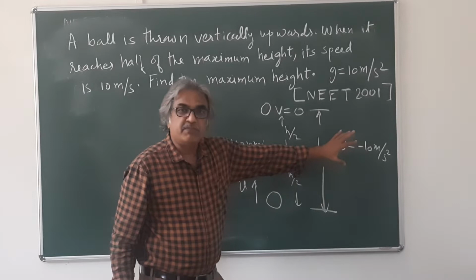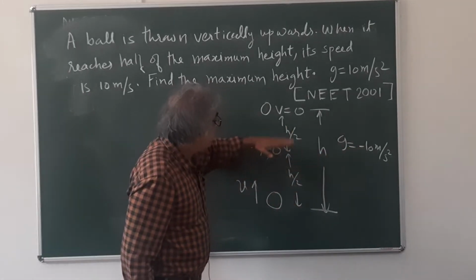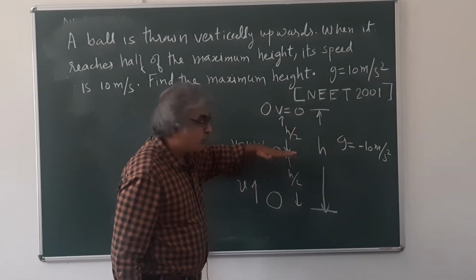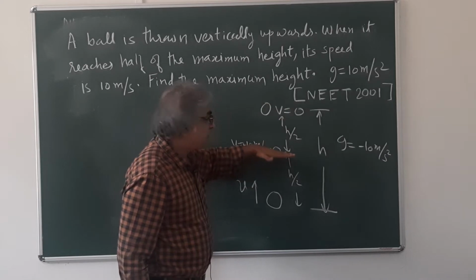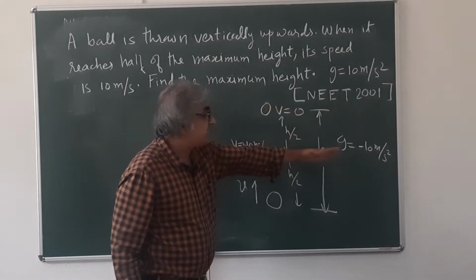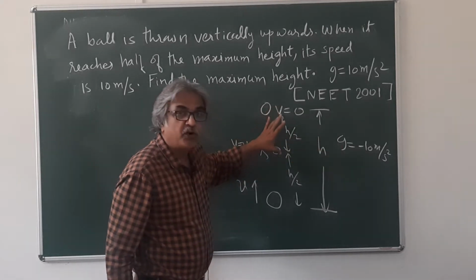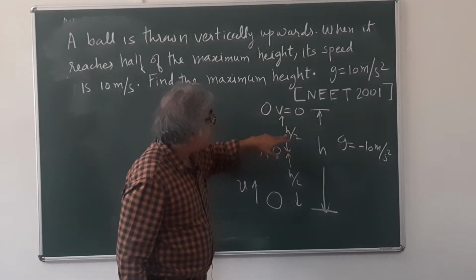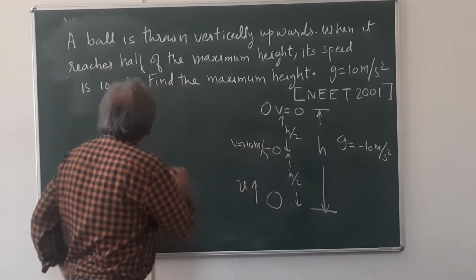So here we will consider only the movement between these 2 points. Initial velocity is 10, final velocity is 0, and g is given, so you can find the time for travel of displacement h by 2.